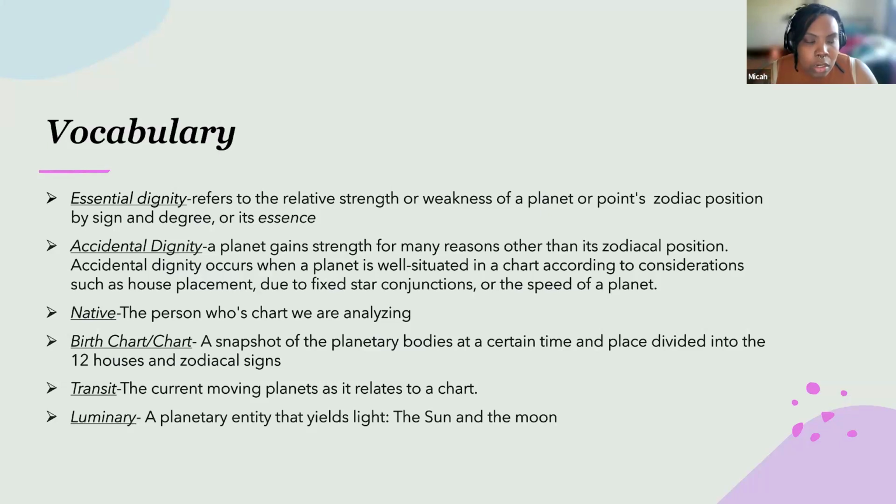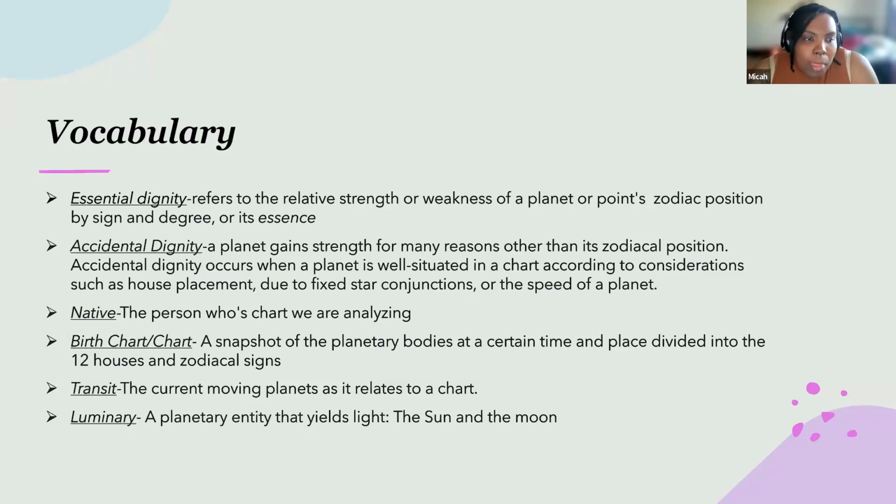So let's start with essential dignities, even though it's coming up on another slide. We didn't talk about this a lot, and to be honest, this is another one of those things that I don't find particularly important as long as you know what you're talking about when you're reading a chart.